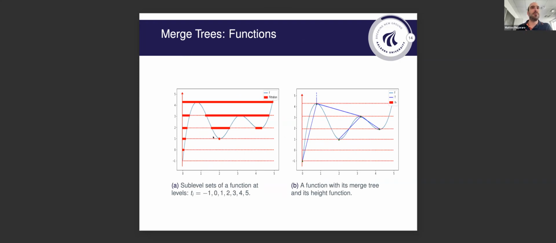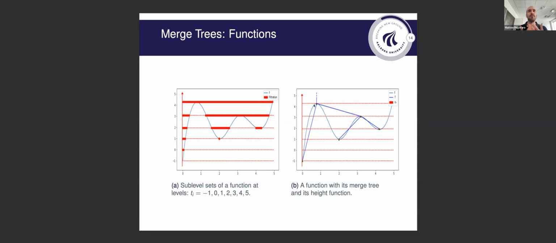We go back to the example that we've seen before. This is the sublevel set filtration, and this is the merge tree that represents the persistent set. We see that we have one leaf for every local minimum, one internal vertex for every local maximum, and the interconnectivity of these vertices describes the merging pattern of the path-connected components.